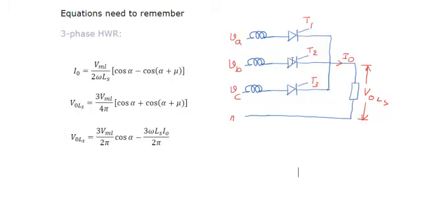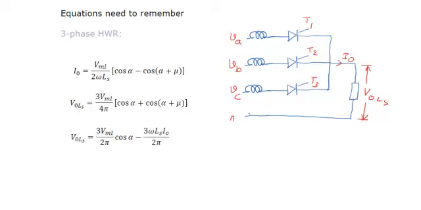In case of three phase half wave rectifier, time period will be 2 pi divided by 3. That means 3 comes to the numerator, then it will be 3 omega Ls I0 by 2. So these are the formulas we need to remember for three phase half wave rectifier.